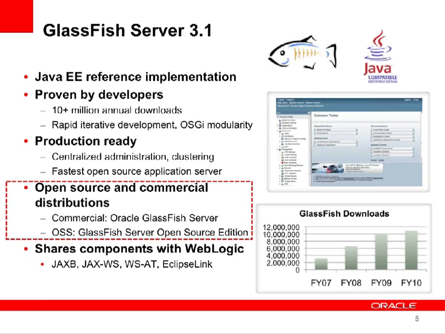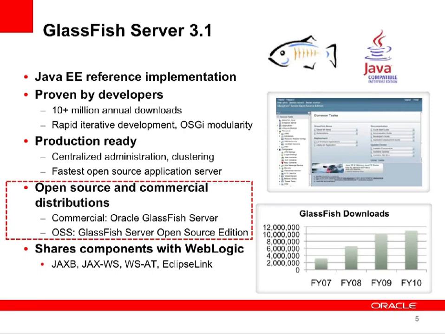Something else I'd like to point out is that there are multiple distributions of GlassFish Server. There's a commercial distribution named Oracle GlassFish Server, and there's also an open source distribution named GlassFish Server Open Source Edition. Even within those, there are multiple distributions. For example, there's the web profile and then the full distribution as well.